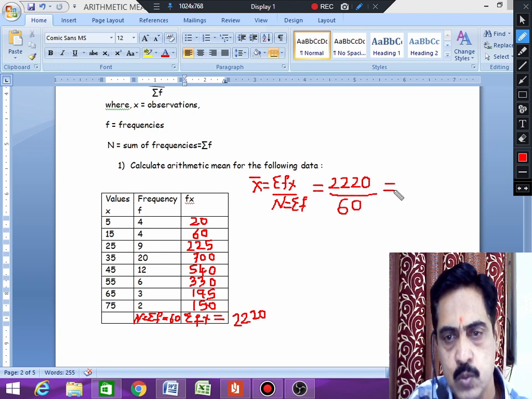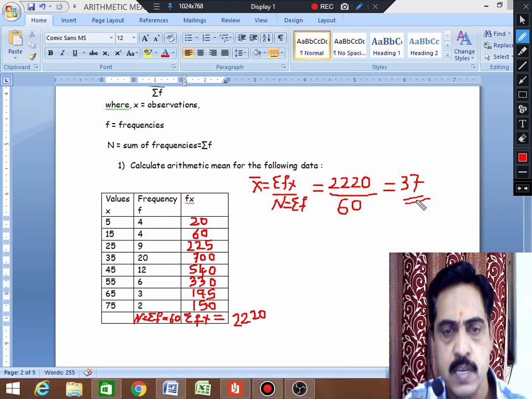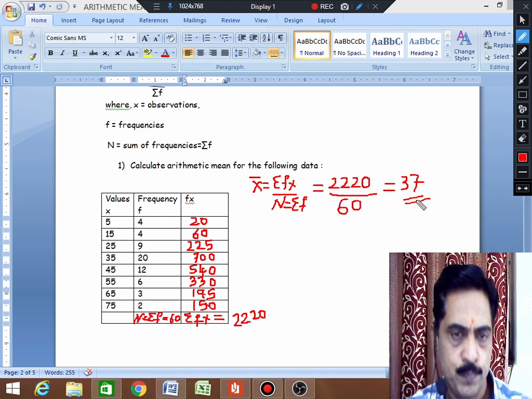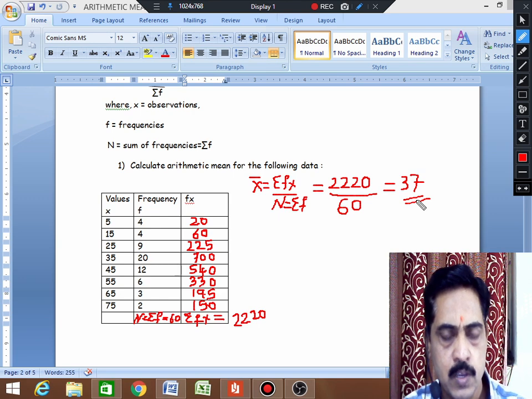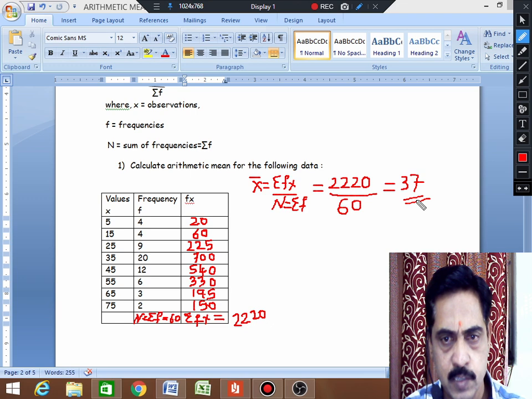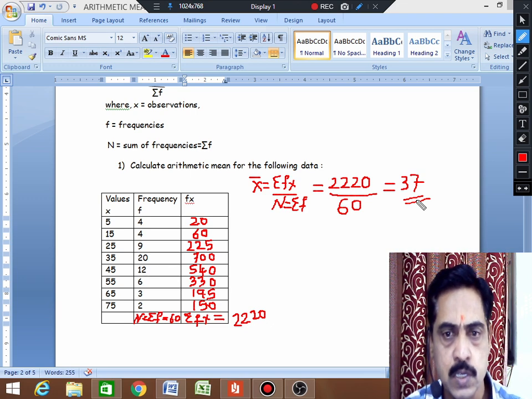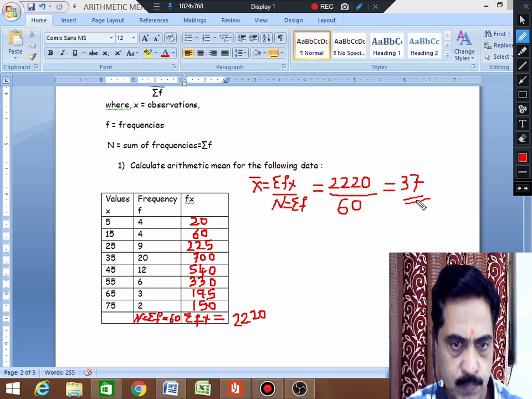So this comes to be 37. This is the x bar value, the arithmetic mean for the discrete distribution by using the direct method.